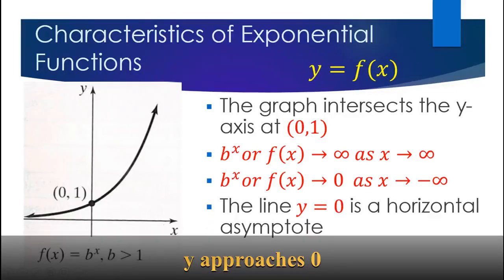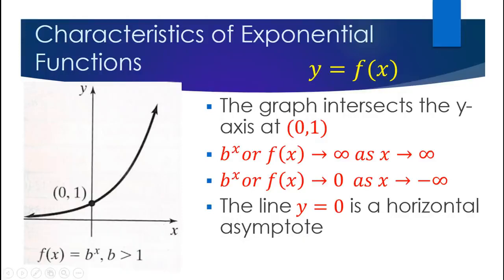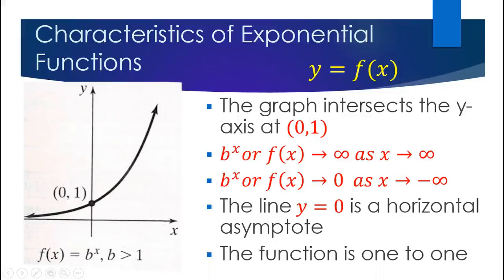Also, y equals 0 is the horizontal asymptote of the curve. And lastly, of course, the function is one-to-one. If we pass a horizontal line anywhere on the xy plane, actually on top of the x-axis, the curve will intersect the horizontal line at exactly one point only. So therefore, the function is one-to-one.